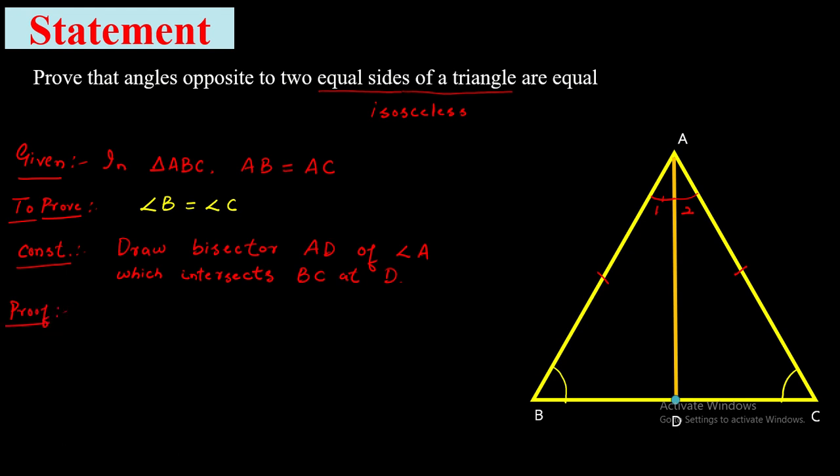Let's take these two triangles, ADB and ACD. We know already that AB is equal to AC as it is given.